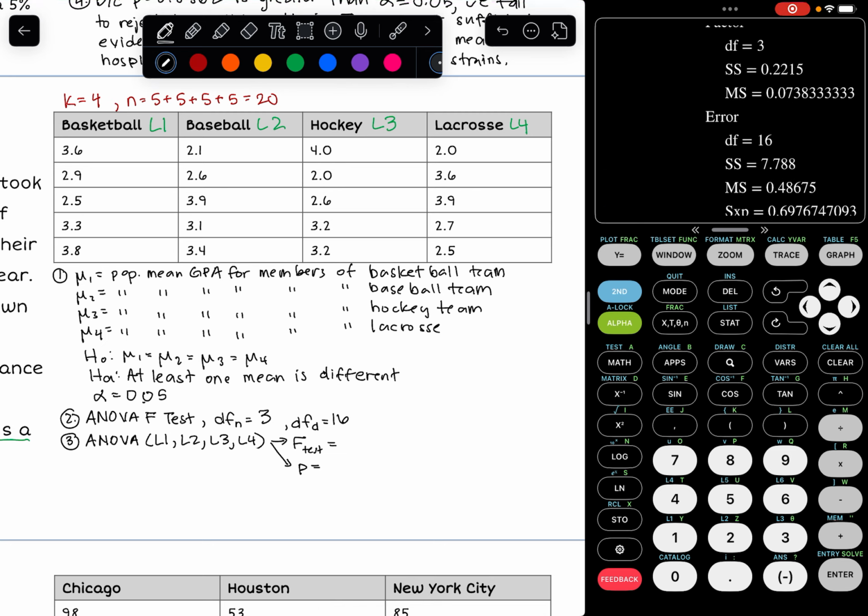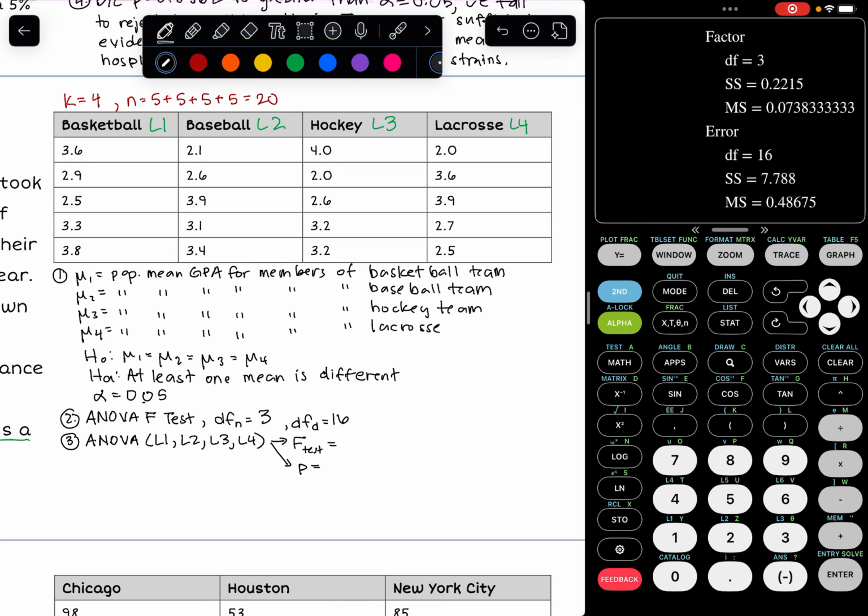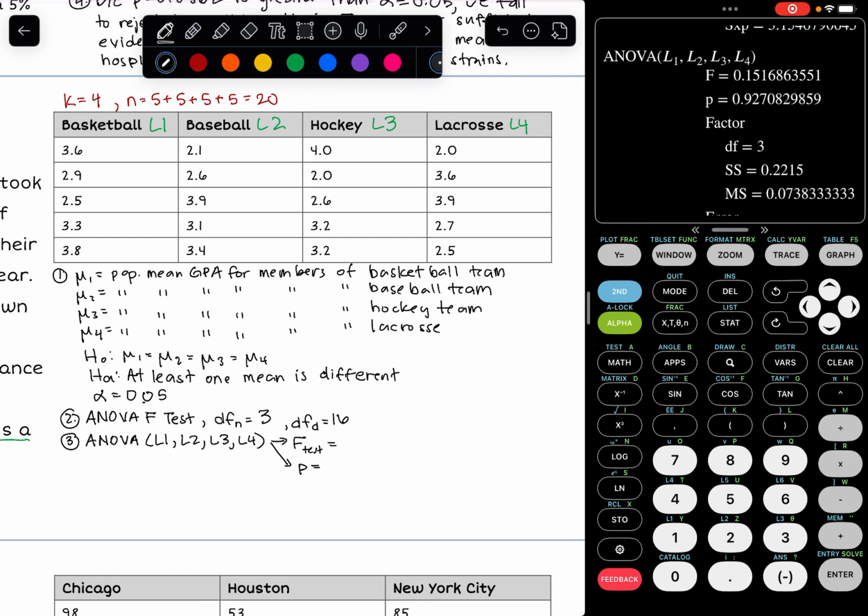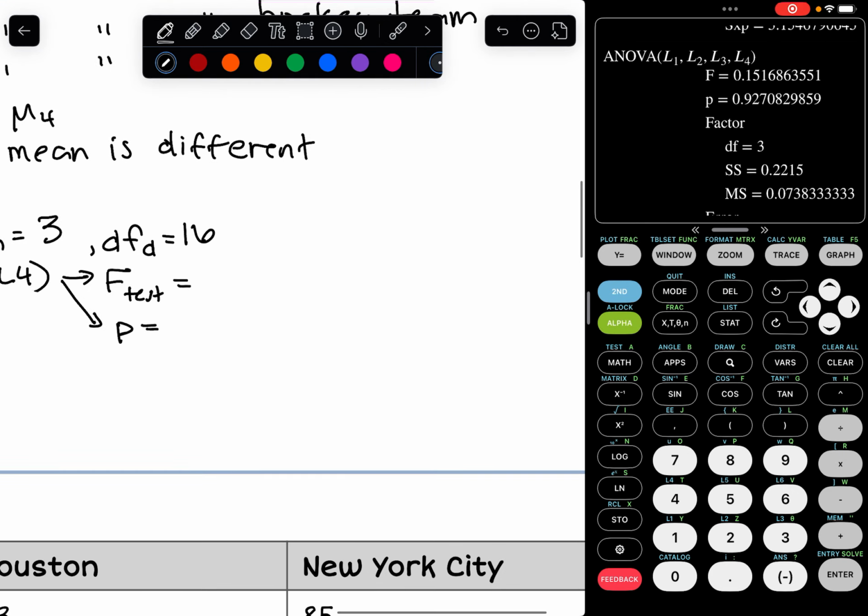And we scroll up, we check that degrees of freedom are 3 and 16, so we probably did this correctly. And we get an F test statistic of 0.152 and a p-value of 0.927.